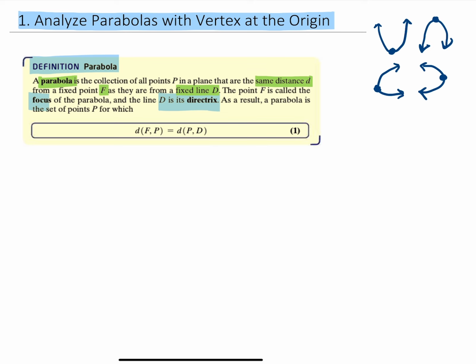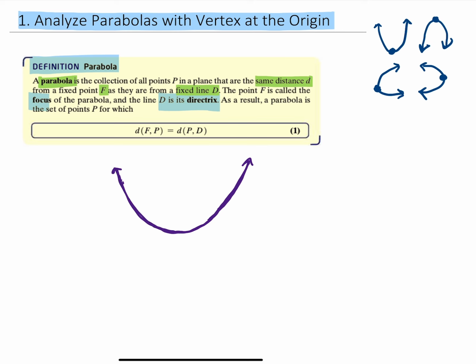As a result, the parabola is the set of all points for which this statement is true. And they're just saying this using this different kind of notation, but it's the distance from the focus to our point is equal to the distance from the point to the directrix. So let's draw a little picture just to visualize this. So imagine we have some parabola. Let's say it's upward facing. So something like this.